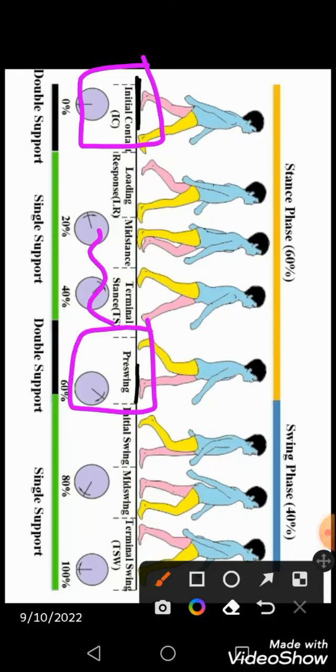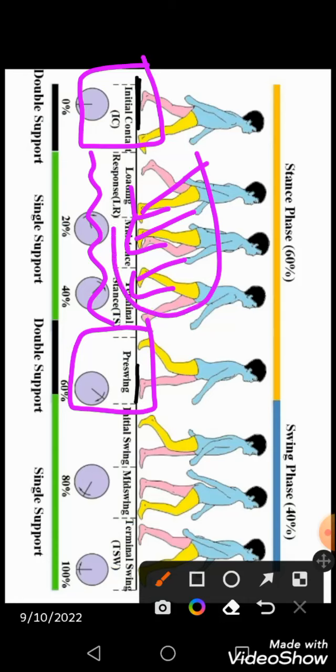And in between these, which is just 40%, one foot is touching the ground and the other is not. So keep in mind the difference, that this is the period where single support is present, right?